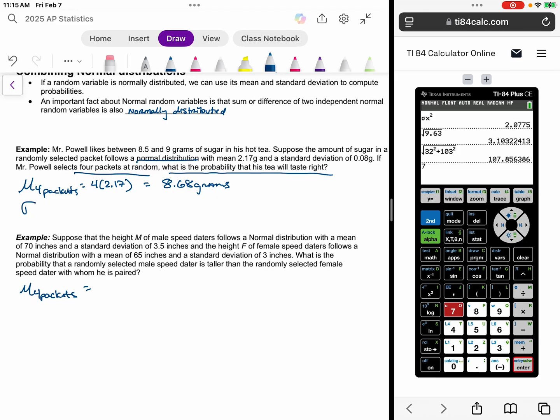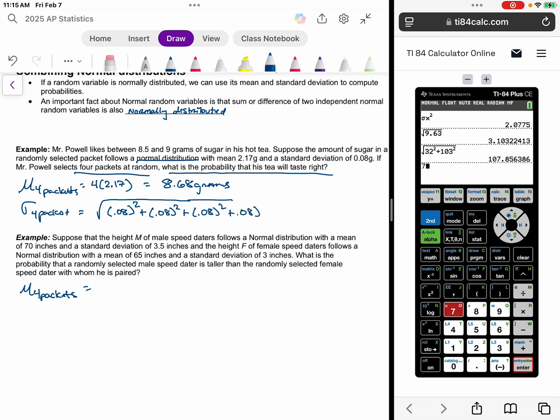Now, the standard deviation for the 4 packets. Well, that's going to have to be the square root of 0.08, which is the standard deviation of 1 packet. I have to square it. Then I have to do that 4 times because, again, we have to convert to variances before we can find the square root for the standard deviation.